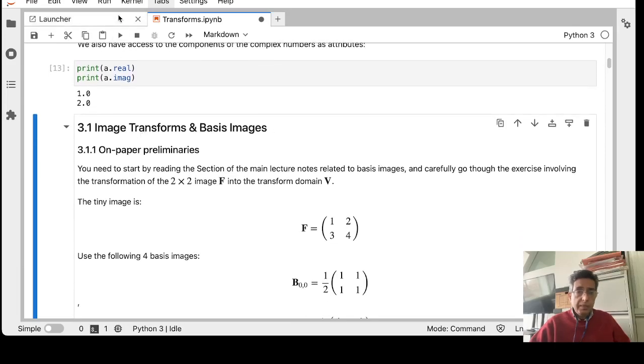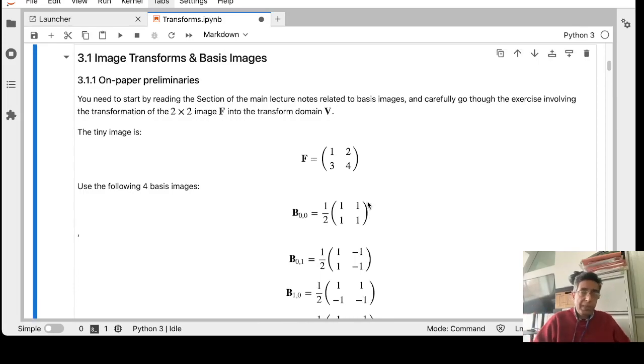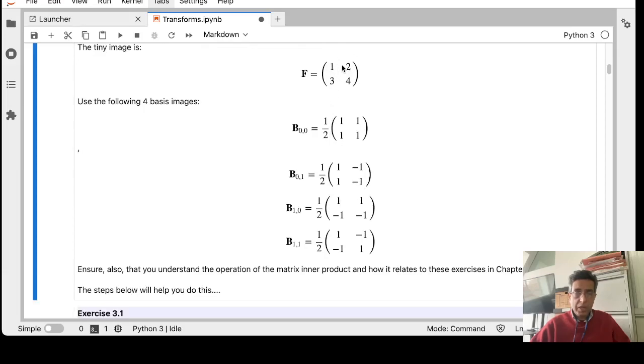Okay, in the first bit of this practical, you're simply looking at an exercise that was set in chapter 3 involving exactly the same image with exactly the same definition of basis images. This is also repeated in this practical to make sure that you do this exercise and understand what's going on here. The important thing to remember is that in using these basis images and this little definition of an image or an image space to map into transform space, we are not doing standard matrix multiplication. We are instead using the inner product between matrix and matrix.